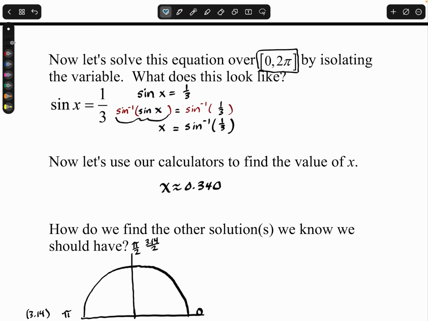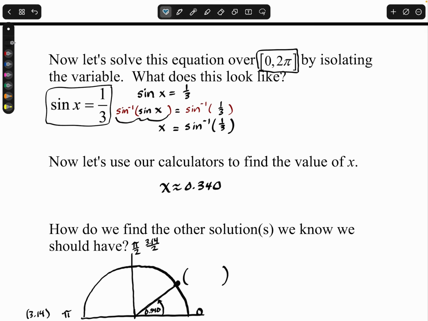So 0.340 radians is going to be our reference angle. Because it's in the first quadrant, we're going up this way 0.340 radians.